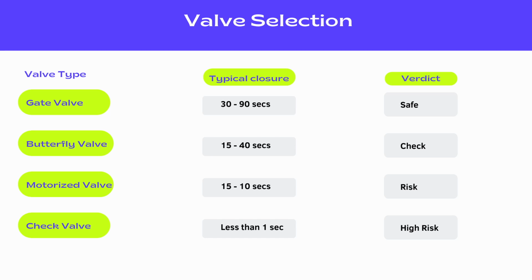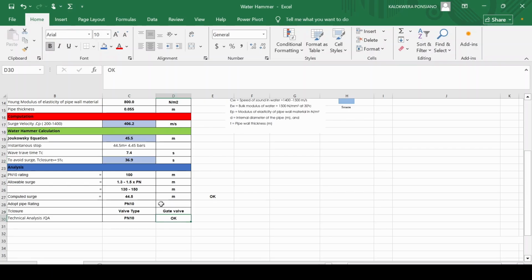We can't use a butterfly valve, motorized valve or check valve, because they do not fall within the required parameters. So from here we come to realize that we are going to use a gate valve in our transmission main. From this we know that PN10 is capable of containing the pressure which can happen on the transmission line.